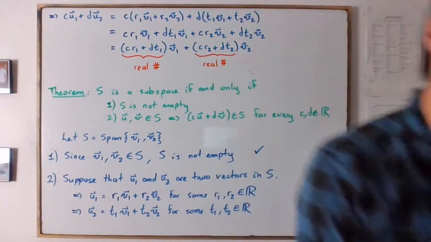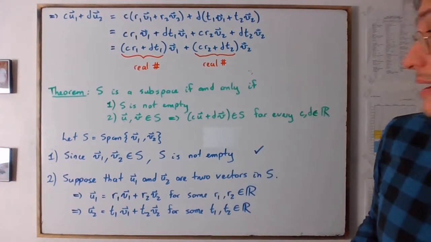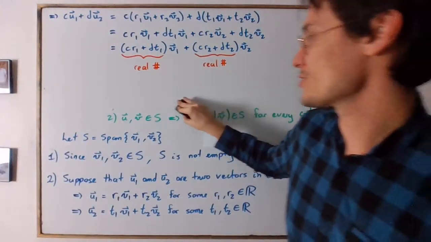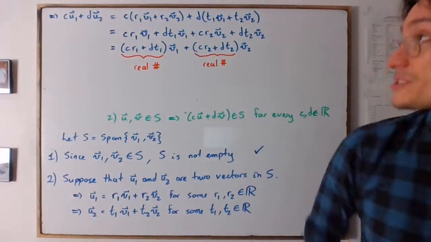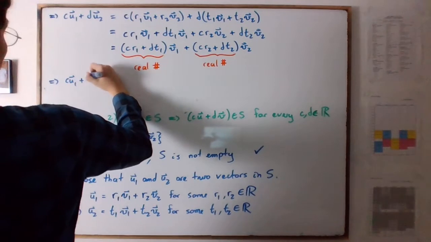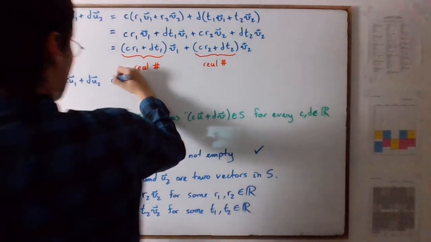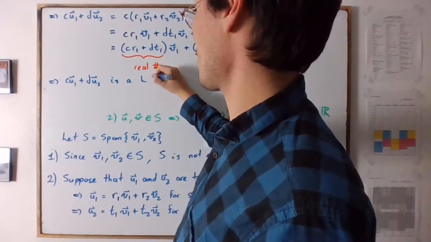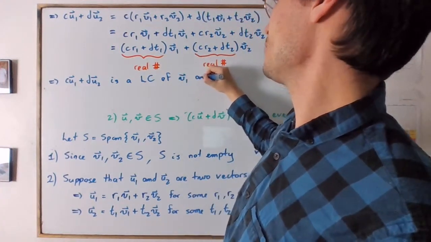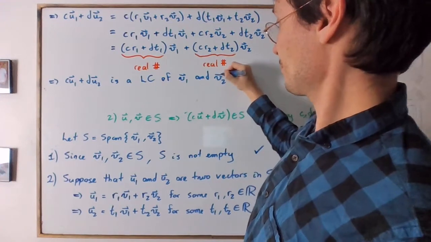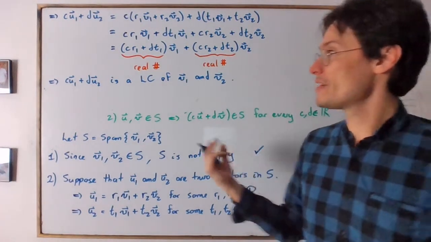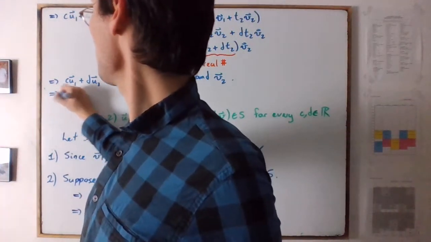As a result, so I'm forced to erase the theorem, but we're proving number 2, as you can see. I'll try to keep 2 on the board. It means that CU1 plus DU2 is a linear combination of V1 and V2, and this is the definition of CU1 plus DU2 being in the span.